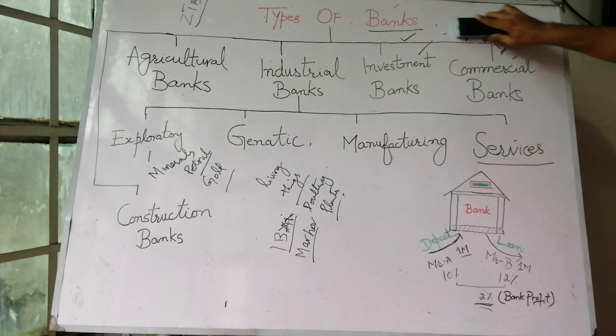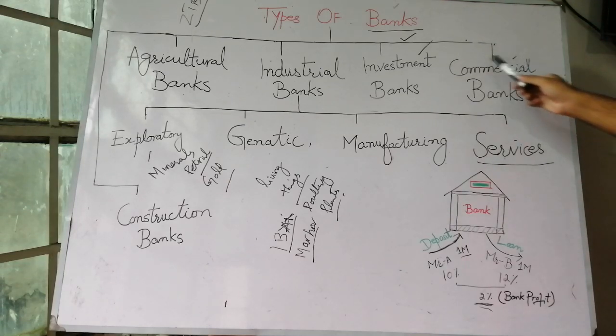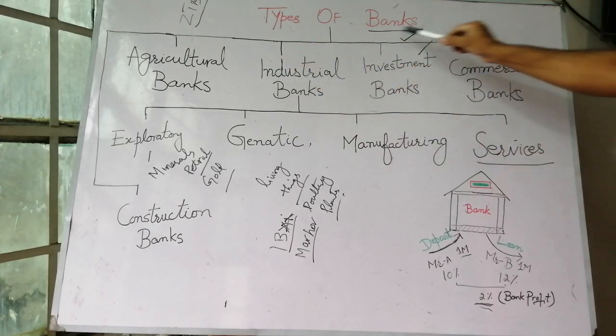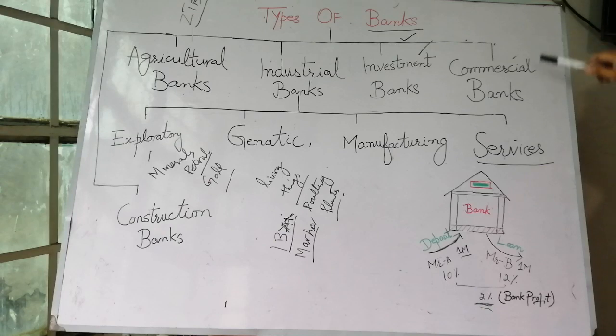Now the commercial banks are very common, and mostly the commercial banks do all these functions. They promote the agricultural area, industrial area, and investment. Commercial banks are the banks which take deposits and give loans to needy persons, businessmen, households, traders, and companies.